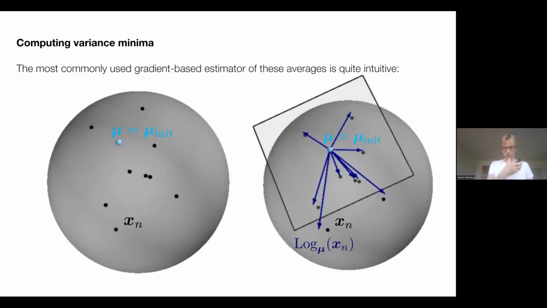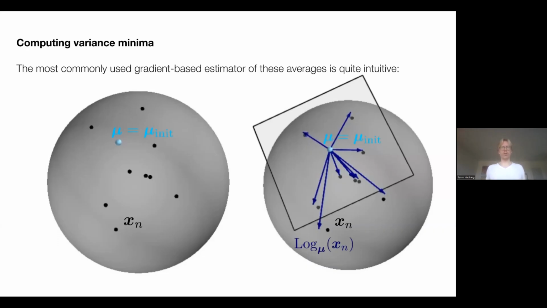What's really nice about the Frechet mean, or these local minimizers of the variance, is that they're quite easy to arrive at algorithmically. If you have data on a manifold, the way you compute the Karcher mean is that you pick a random point of initialization, usually just a randomly chosen data point.